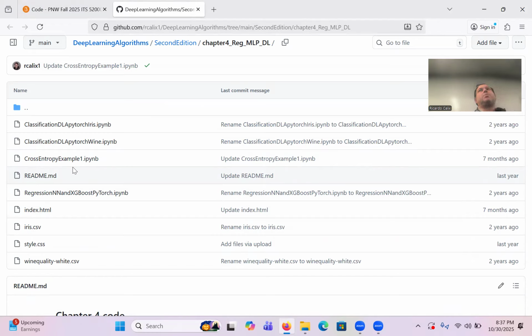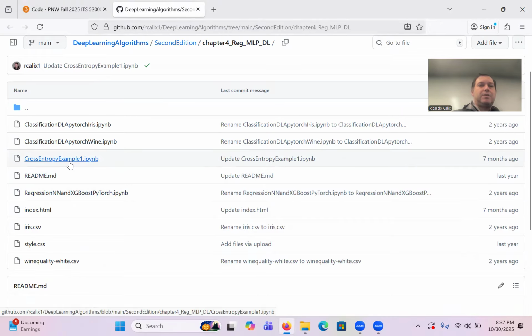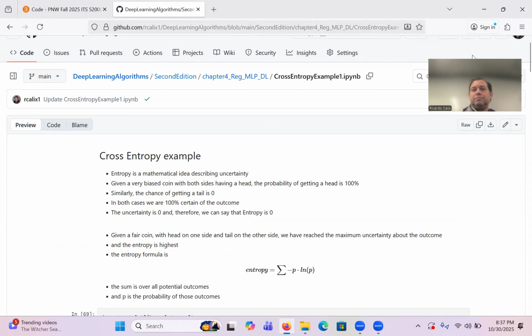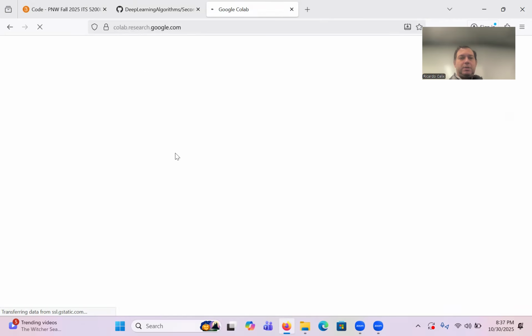This is a really important concept that I think you should understand, of how classifiers learn. So that's what we're going to discuss now, and that's cross entropy. So I'm going to click on this. Okay, here we are. And I'm going to open Colab just so that we can see it in real time.